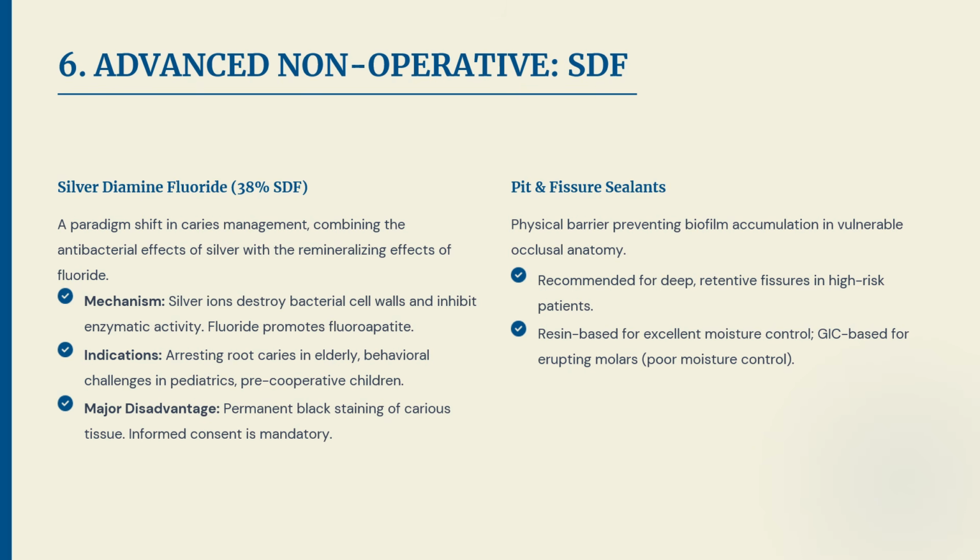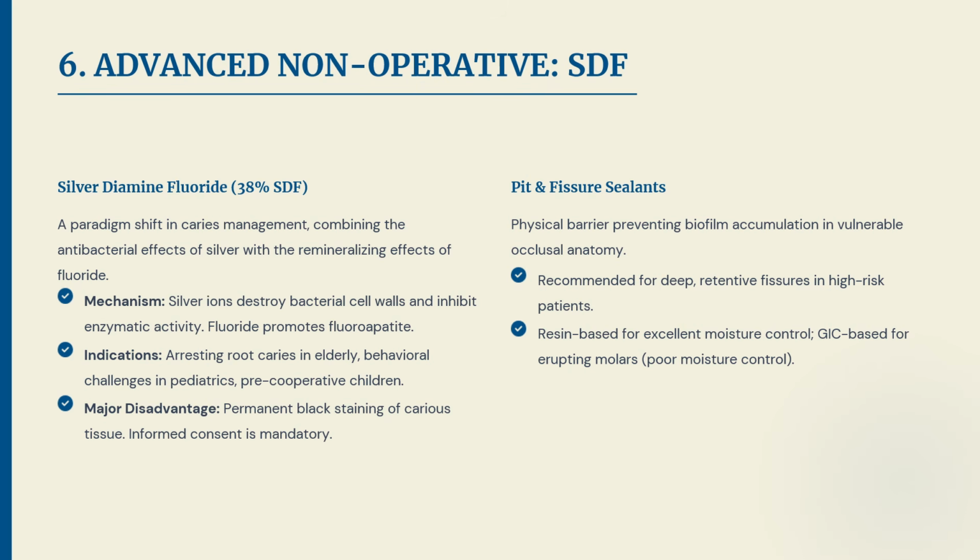So before you are actually applying the silver diamine fluoride, you make sure that you inform the patient or the parent that there is a likelihood of staining, this is the possibility, so that you have that informed consent.